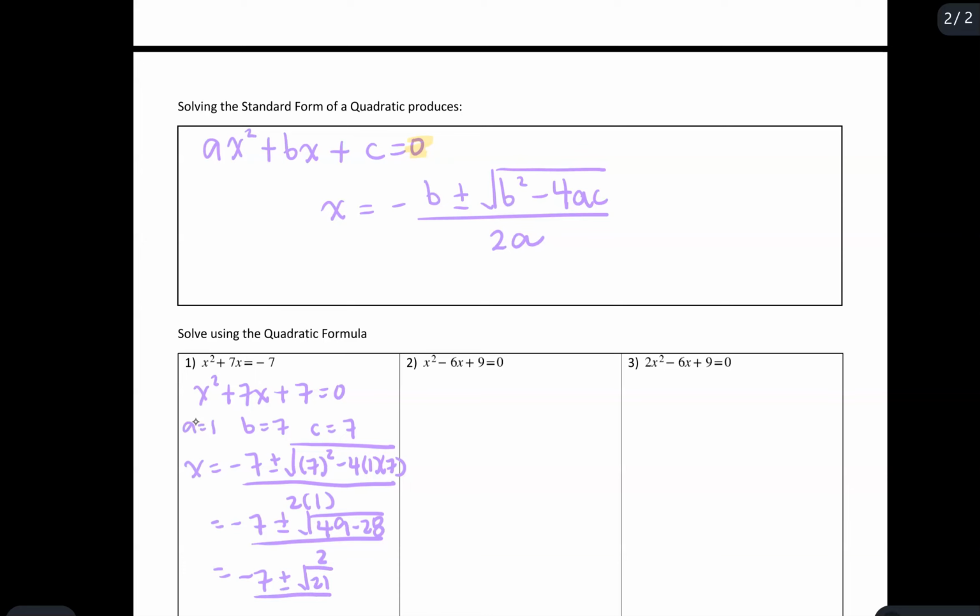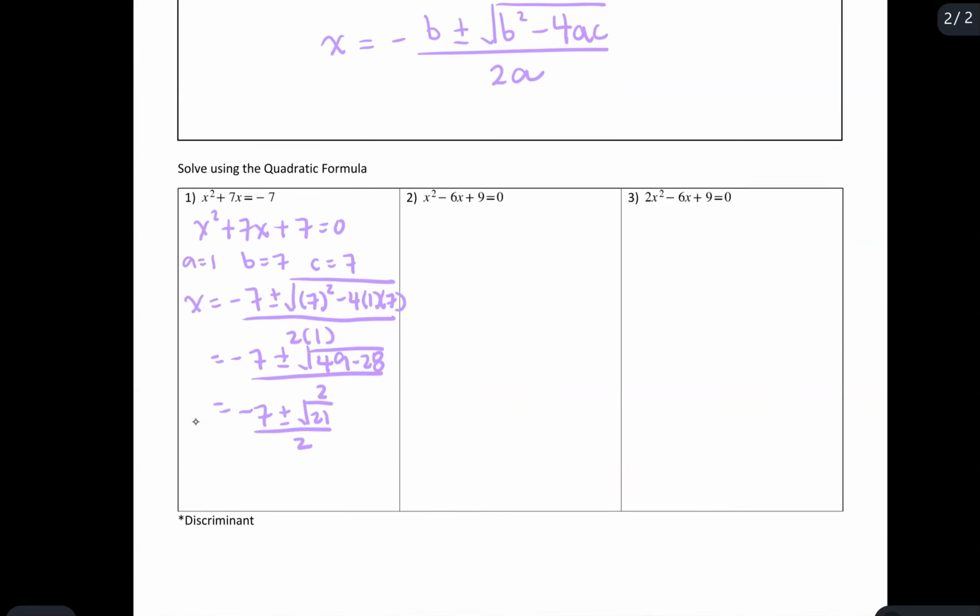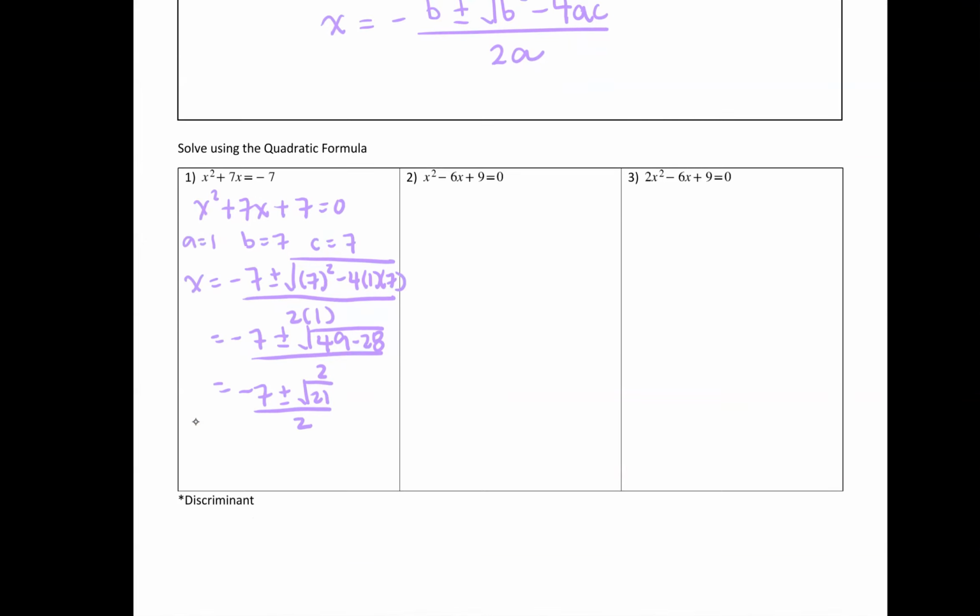So I've got two real solutions. The discriminant is what's underneath the radical here. If b squared minus 4ac is greater than 0, then we're going to have two real solutions.